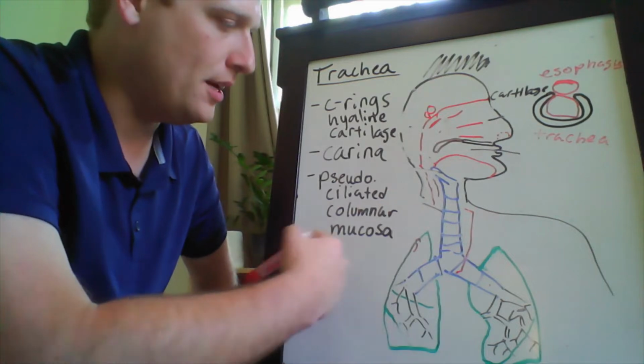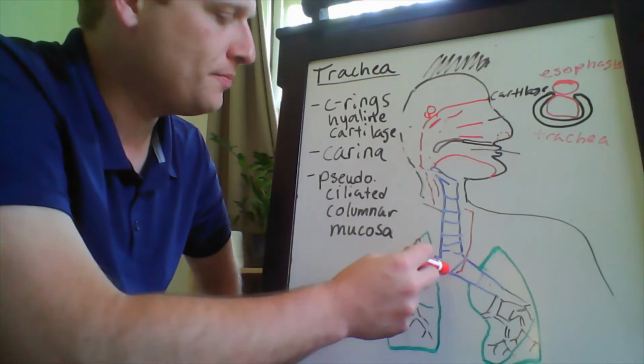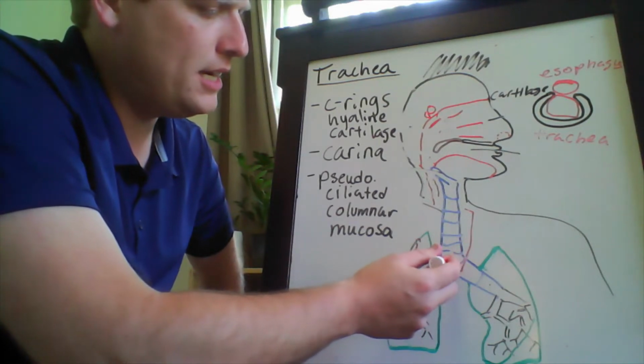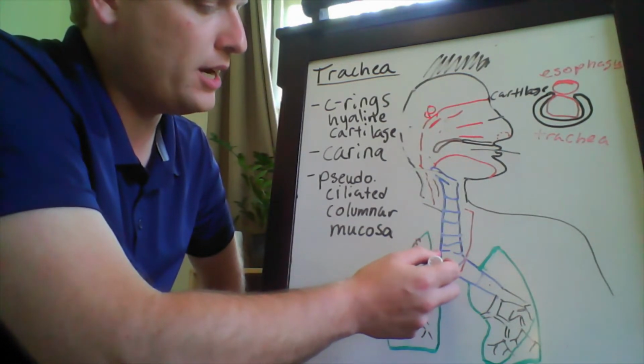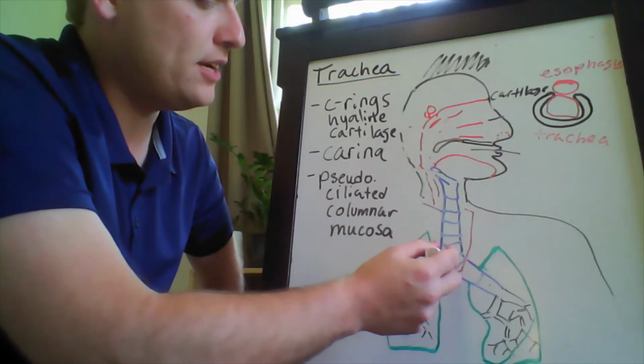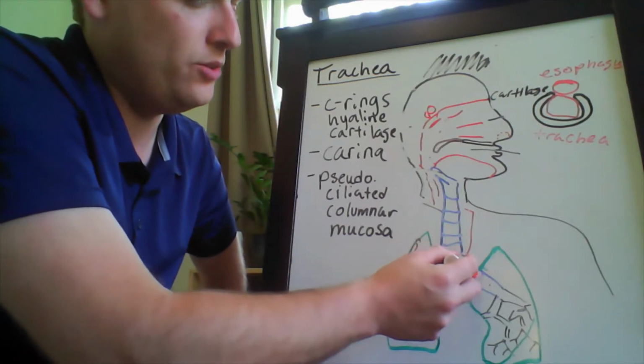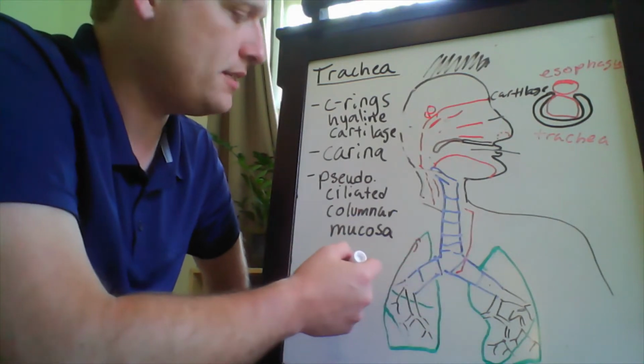Now if you move on down to the base of the trachea, you'll see kind of a special ring of cartilage called the carina. And the carina is going to be the point where the trachea splits into the left and the right bronchus.